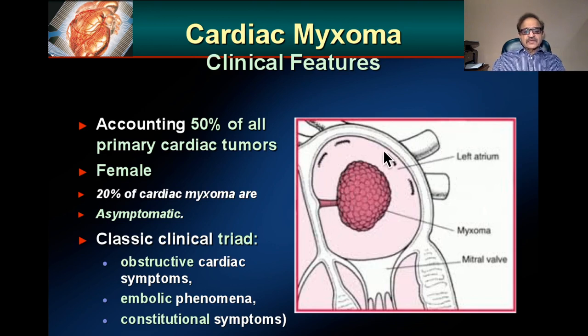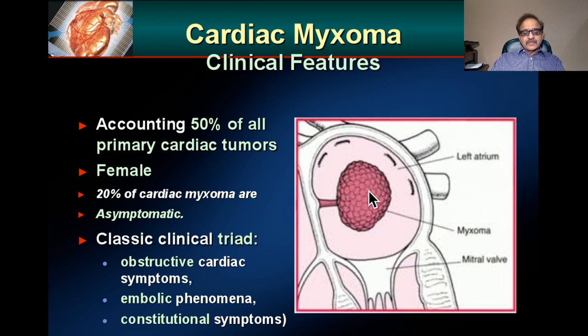This tumor moves with the cardiac cycle, so it tends to protrude from the left atrium into the left ventricle during diastole, and then it pops back into the left atrium during systole.